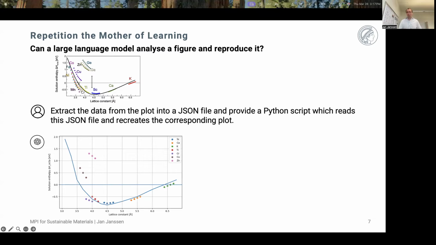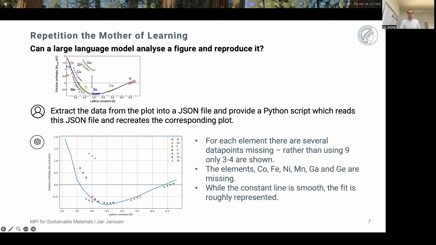And now when we compare these plots, we can already see the limitations of the current generation of large language models. Right? So we see that for most elements, they show 3 to 4 points, while the original data had 9 points. So there seems to be a certain limit of the resolution of what the model can do. In addition, a number of elements are missing. Particularly when the data gets very close, it's not able to resolve this.